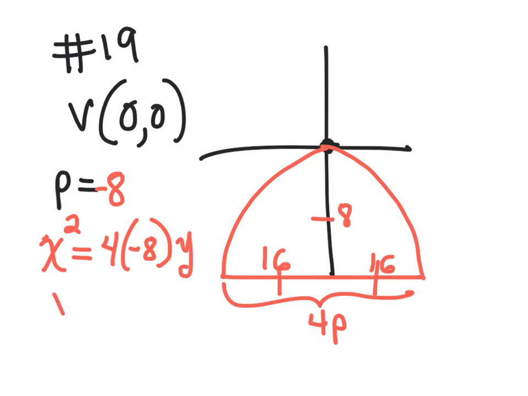Y, and what is 4 times negative 8? Negative 32. Y. And that would be the equation in standard form.